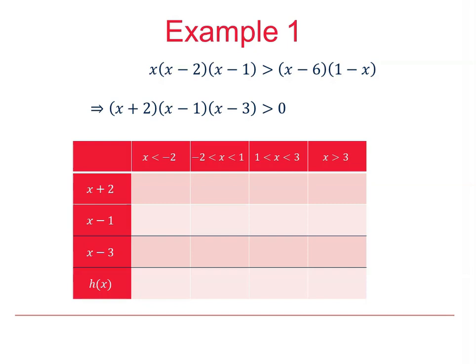So our critical values are at x equal to -2, x equal to 1, and x equal to 3. So this is where things are going to change. And what you might want to do is to pause the video here and see if you can follow through and get a solution.